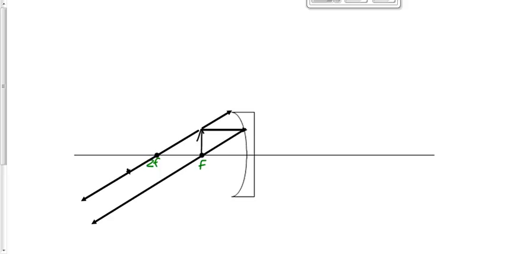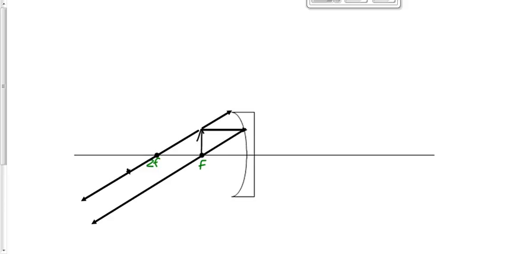So first ray, same as it was before. Second ray, take your ruler, line it up like I am right now with the top of the object and 2F, and then draw your ray to the mirror, and then it's going to reflect back upon itself back through 2F.